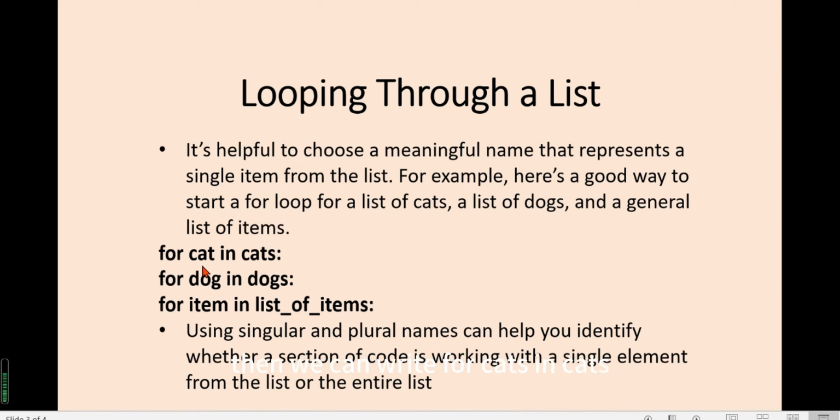Then we can write for cat in cats. Similarly, we can write for dog in dogs. And generally, we can write for item in list of items. Using singular and plural names can help you identify whether a section of code is working with a single element from the list or the entire list.